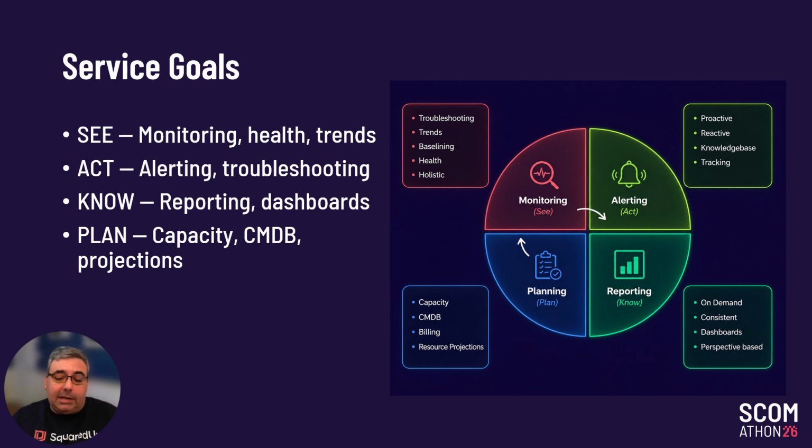Stop being reactive. Take what you have, put it to good use. Look, does it have what you need? Act on the monitoring, use it, know, and then plan for the next step. When you add the visibility on top, all of this rises to the surface and you stop worrying about the tools and the silos and the teams and the drama.